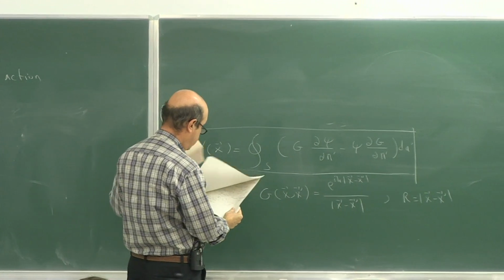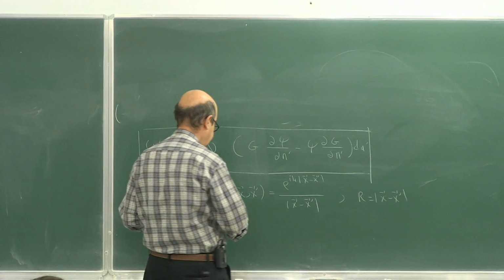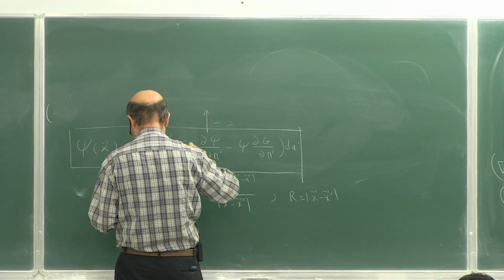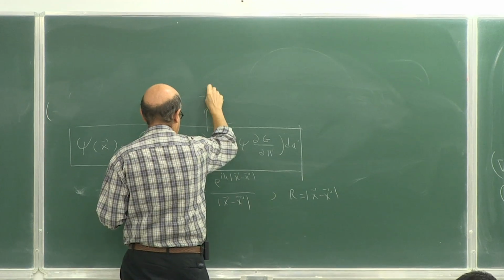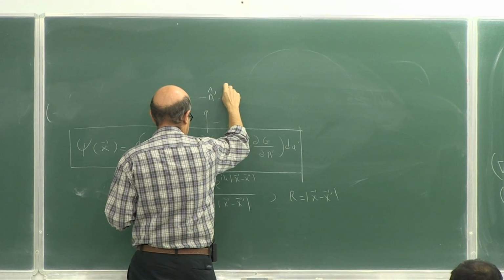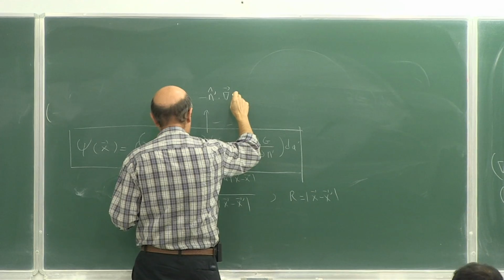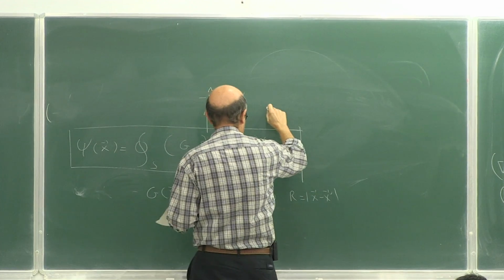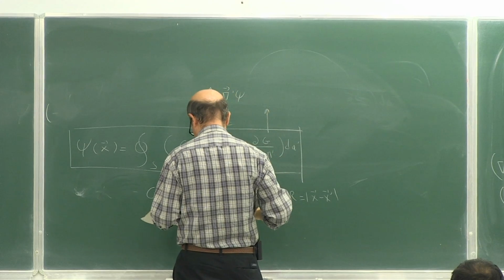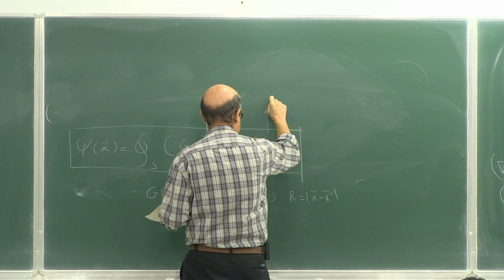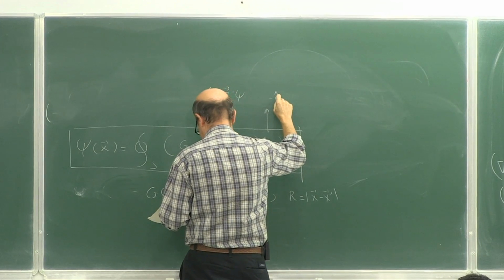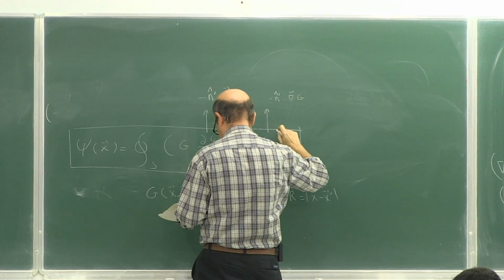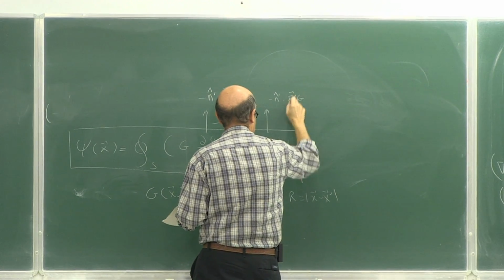Instead of del phi over del n prime, you can write minus n dot gradient of psi, and instead of this you can write minus n prime dot gradient of the Green's function with respect to x prime.